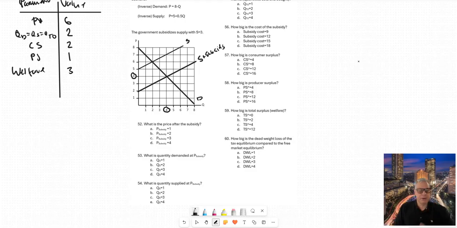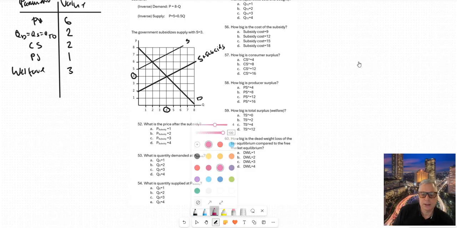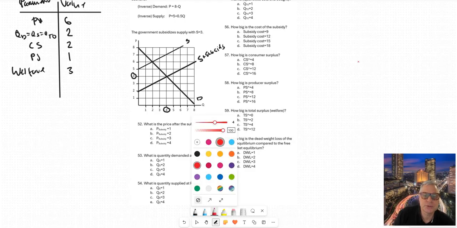But even though people now pay 4 at the cashier, the producers get 4 from the consumers, and then they get another amount from the government, or basically from the taxpayer.